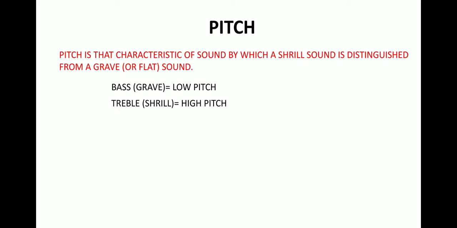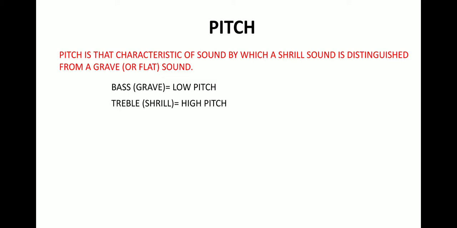Just like in the case of loudness, it was the amplitude that showed the loudness would vary with the amplitude. Over here, in case of pitch, the quantity that matters is frequency. So with different frequencies, you'll get different pitch.